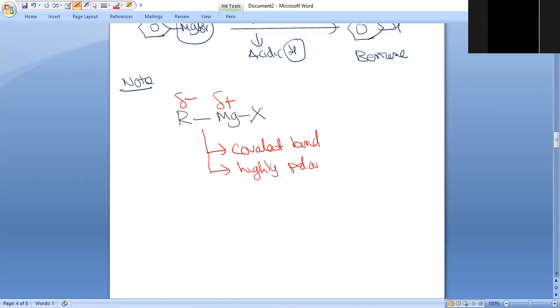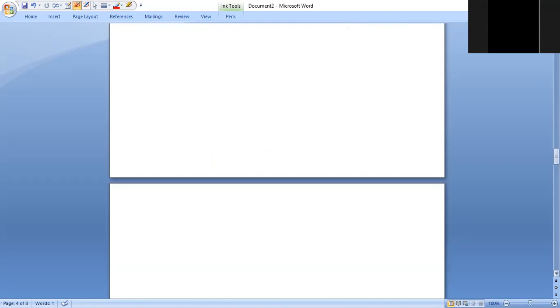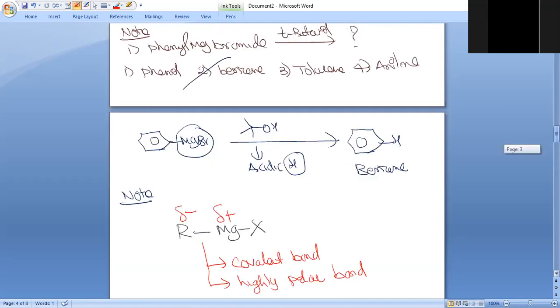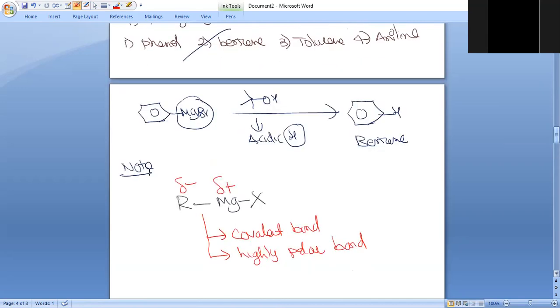Previously in the NEET exam, one time they asked which of the following have a covalent bond between the metal and carbon. They gave Grignard reagent, ferrocene, chromocene, like that. Clear this point? Yes, sir. This is the Grignard reagent related points.